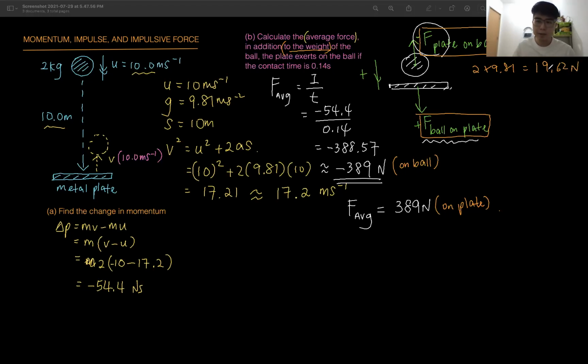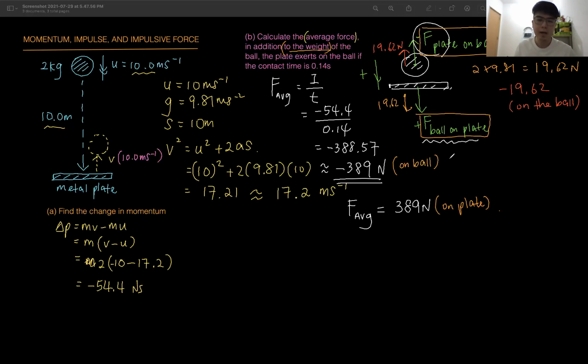So 19.62 Newton is acting when the ball hits the plate. There's an extra 19.62 Newton, that is the weight of the ball. And at the same time, there's also an extra reaction upward of 19.62 Newton. So this one is negative 19.62. This is on the ball.